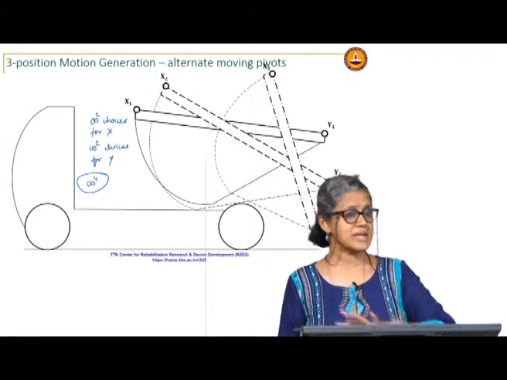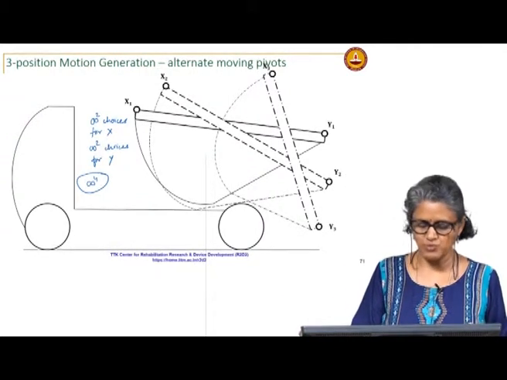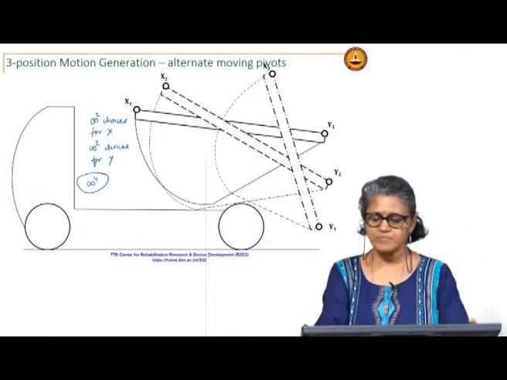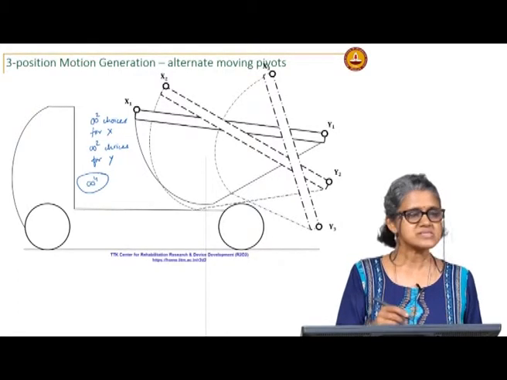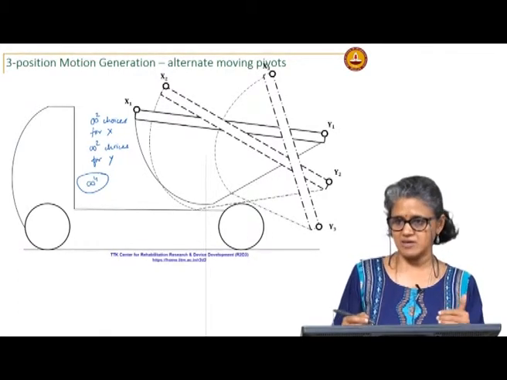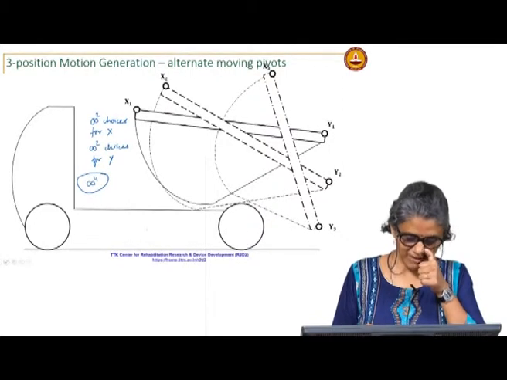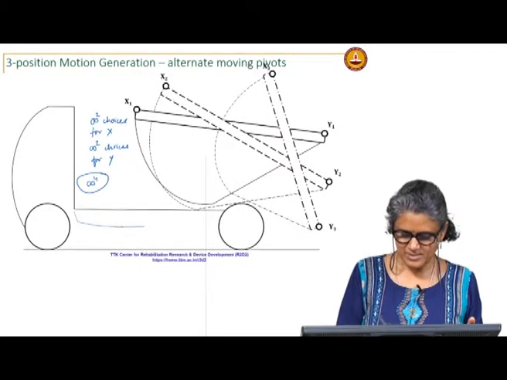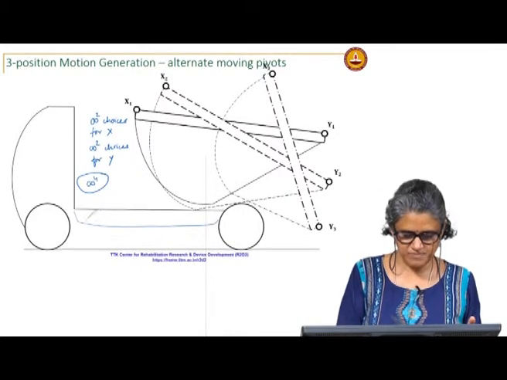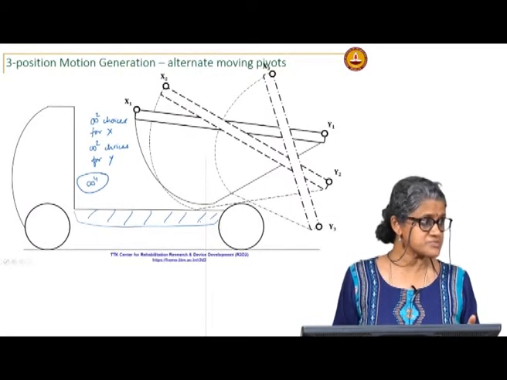So anywhere in the plane is where we can take these moving pivots to be. It is more likely in real life that you will have constraints on where you locate the fixed pivots. You may say that this is the area in which I could possibly locate the fixed pivots.